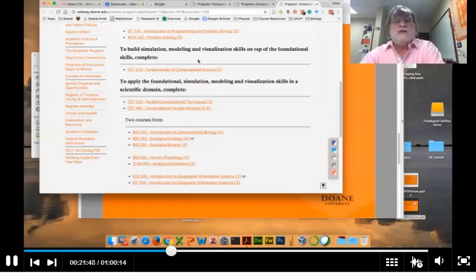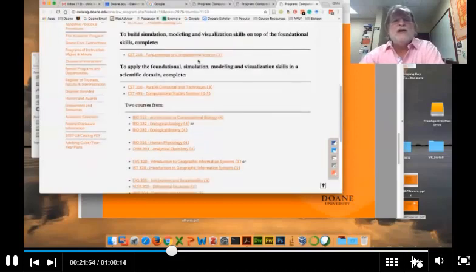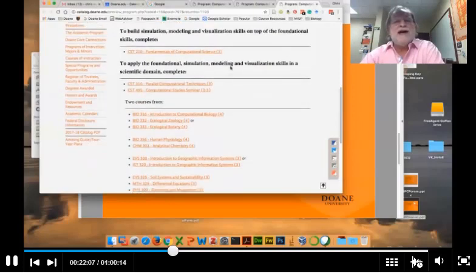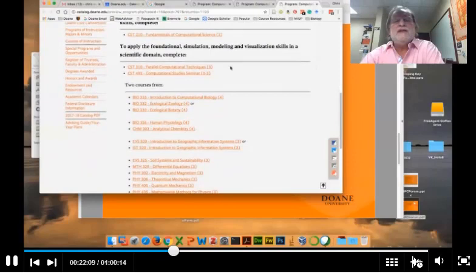And we currently are using Python as the underlying language that's used within that course. So we do a lot of exploring of Python libraries that are helpful in those areas of simulation, modeling, and visualization.